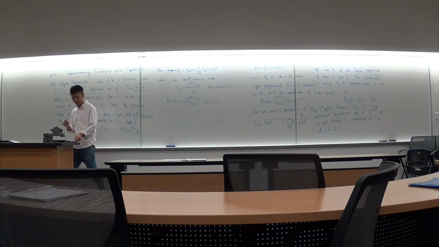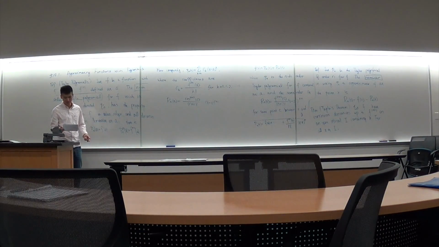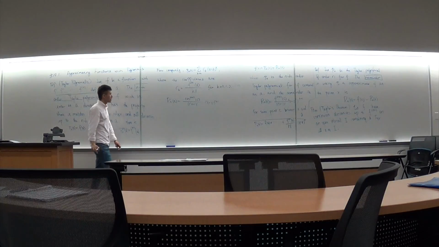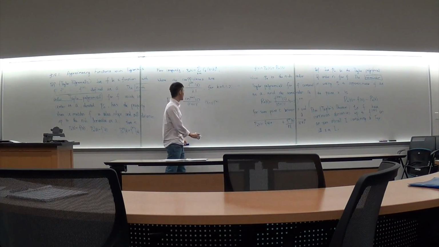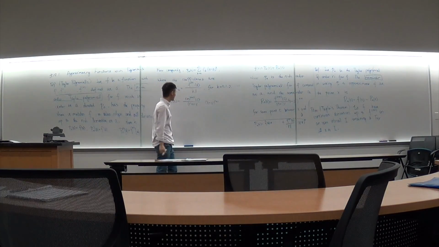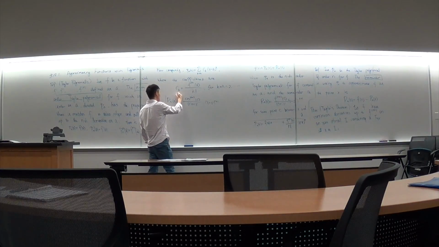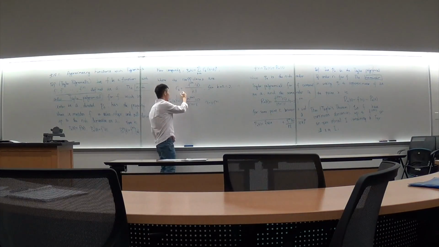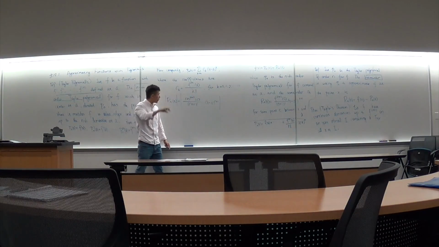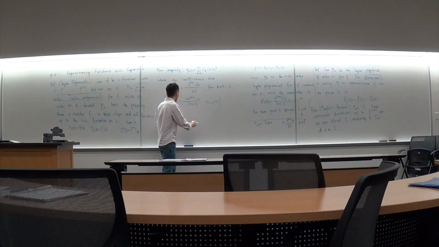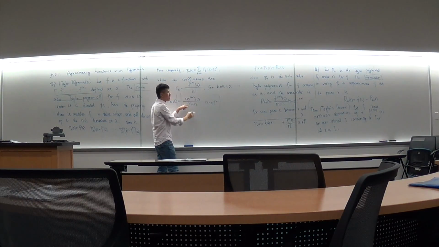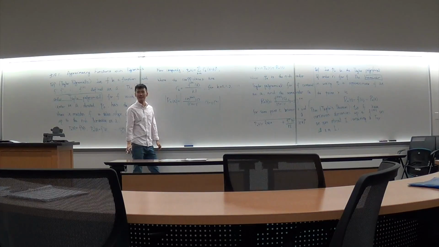Now we want to find a bound for the magnitude of this remainder, which means we just take the absolute value of this. So let's look at the absolute value of this remainder. First, let's look at the n plus first derivative of the cosine function. What is that?